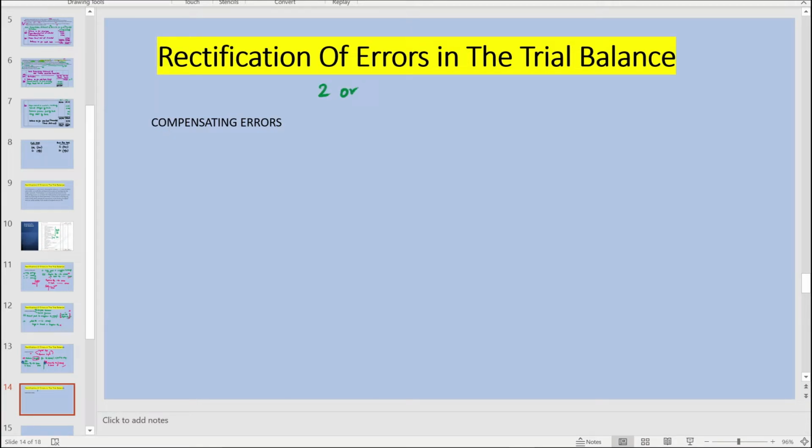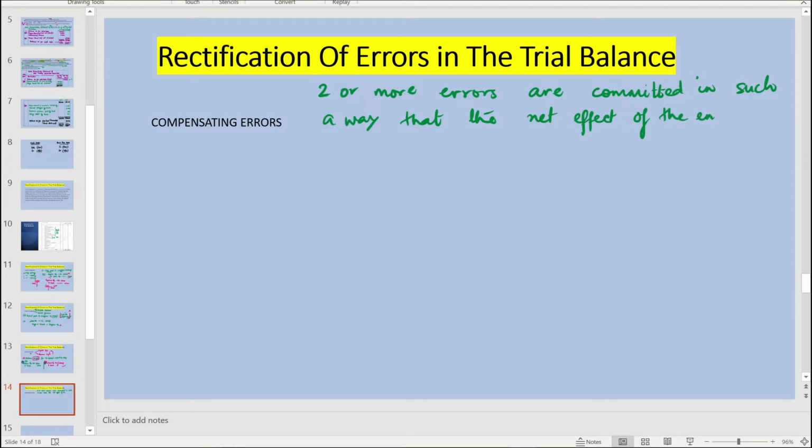When two or more errors are committed in such a way that the net effect of the entry or the error is compensated, or you can say nullified.